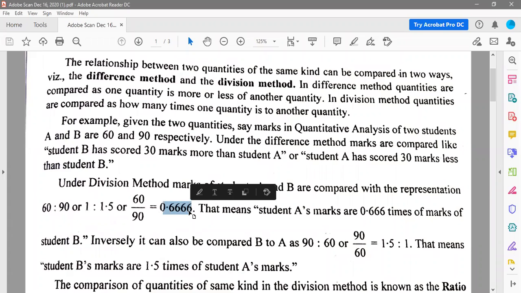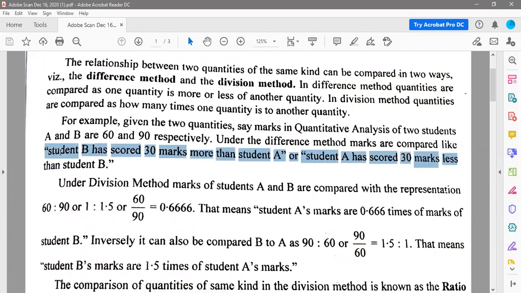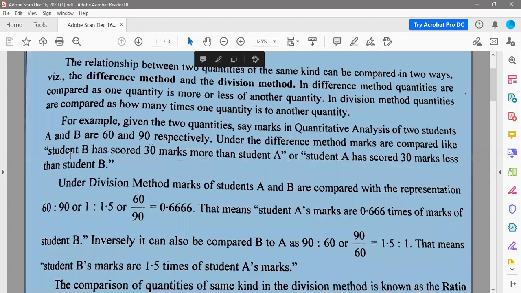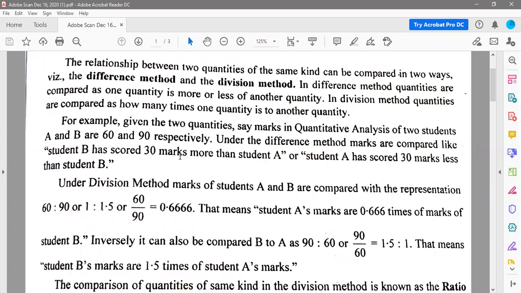Now, how do we say this in a sentence? Student A's marks are 0.666 times the marks of student B. Now, we have made an effort to represent it in a sentence of this form. Here we directly considered the marks, but in the division method, we are considering the marks after dividing them.